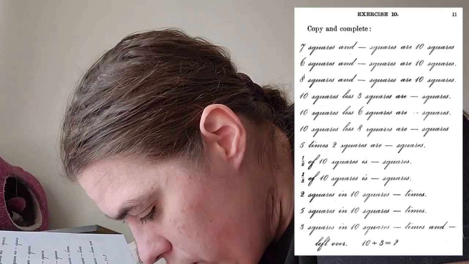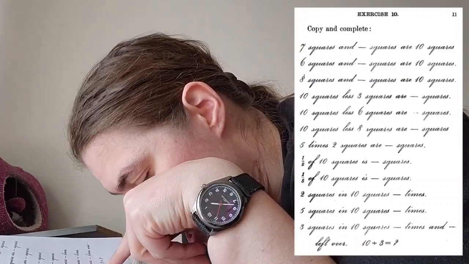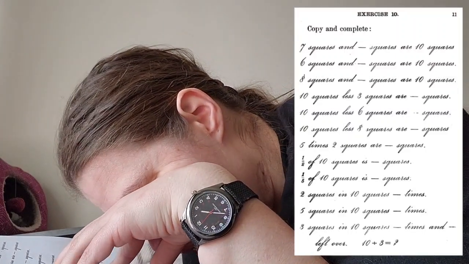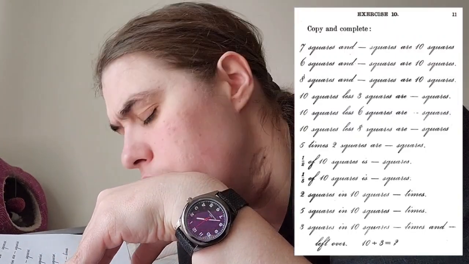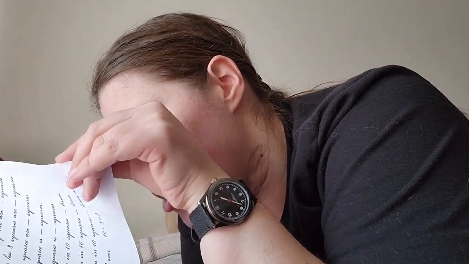And then the last one is a division problem. 10 divided by 3 is 3 with 1/10 left over. And that concludes that section.